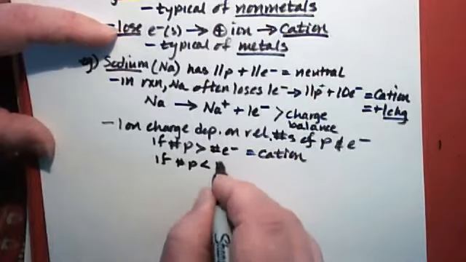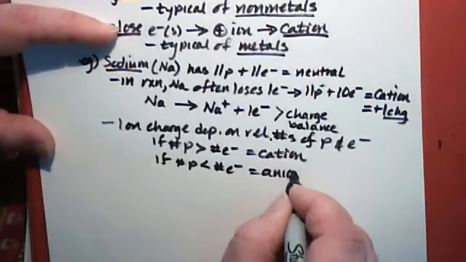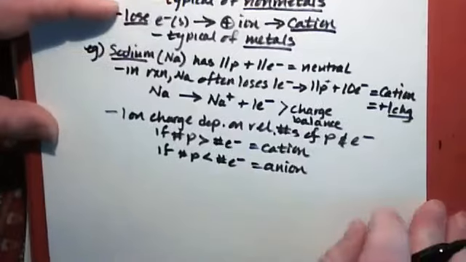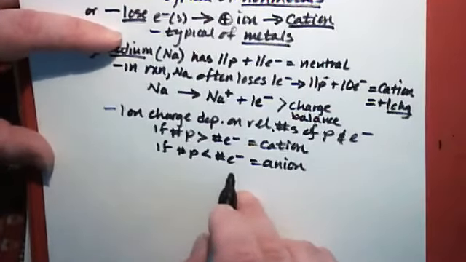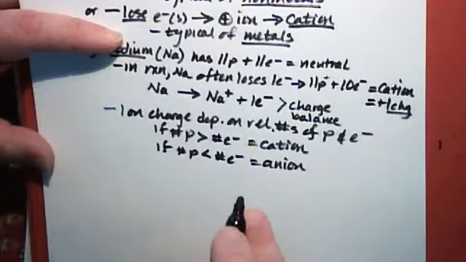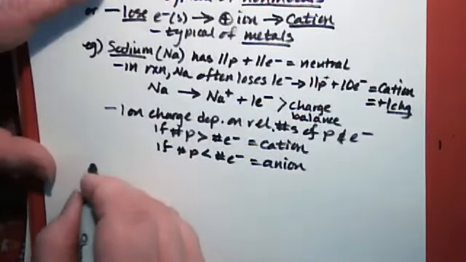If the number of electrons is greater, then what you'll have will be an anion, or a negatively charged ion, and the charge will be minus one for each excess electron. Okay?